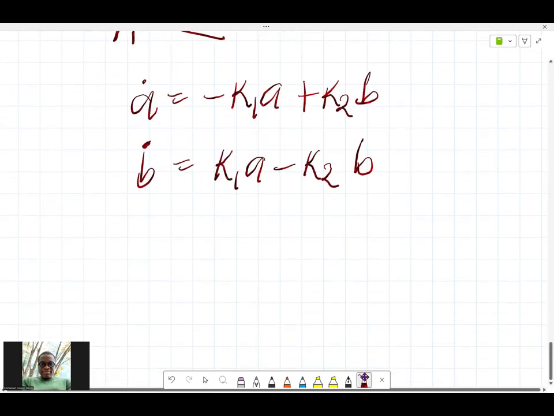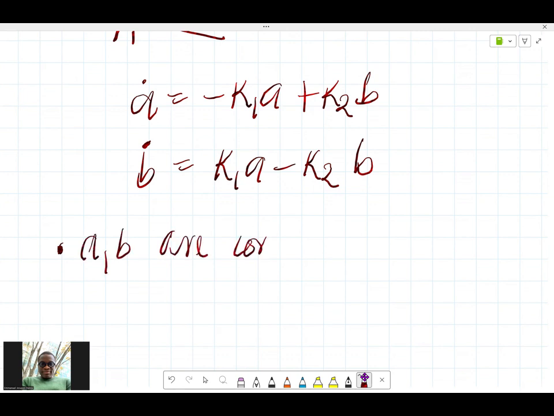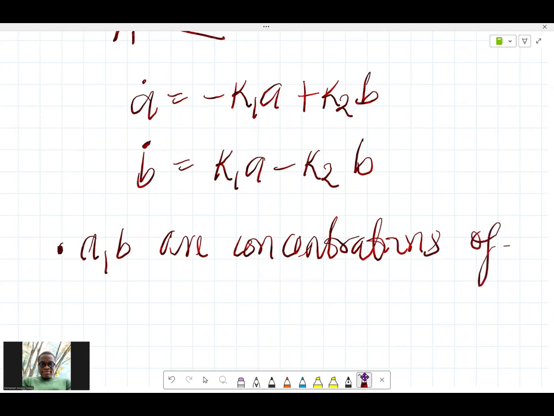We should understand that each of those terms has its meaning. First of all, A and B are concentrations of species, maybe chemical species.